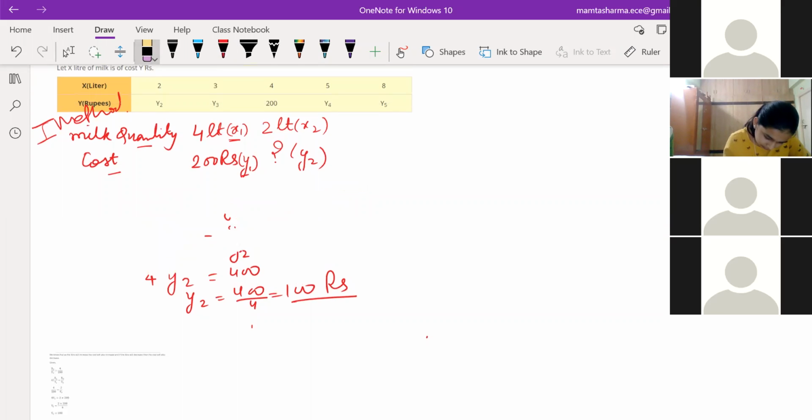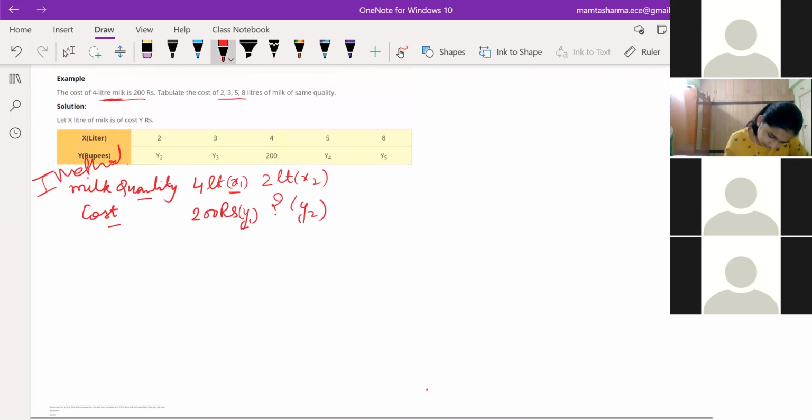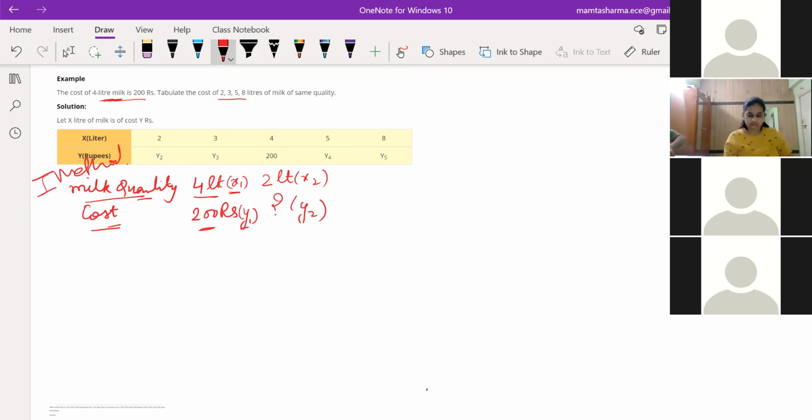Okay. So in all these direct and inverse proportion questions, two quantities will be given. Here, milk quantity and cost are given. For 4 liter, the cost is 200 rupees. Now it is asking for 2 liter, what will be the cost? Let's say this is x1, y1, this is x2, y2.